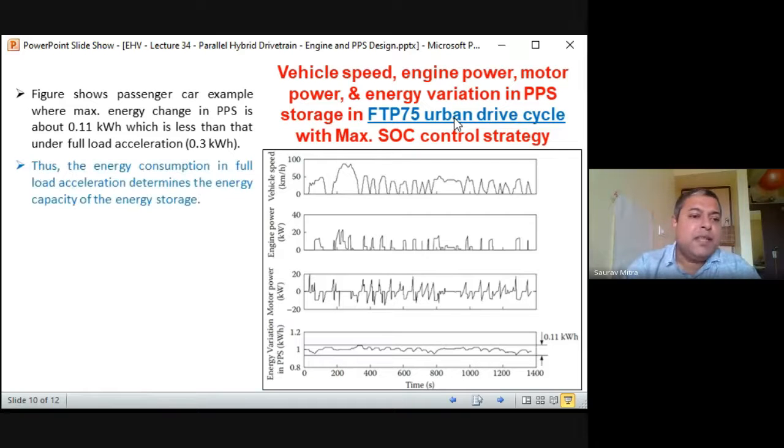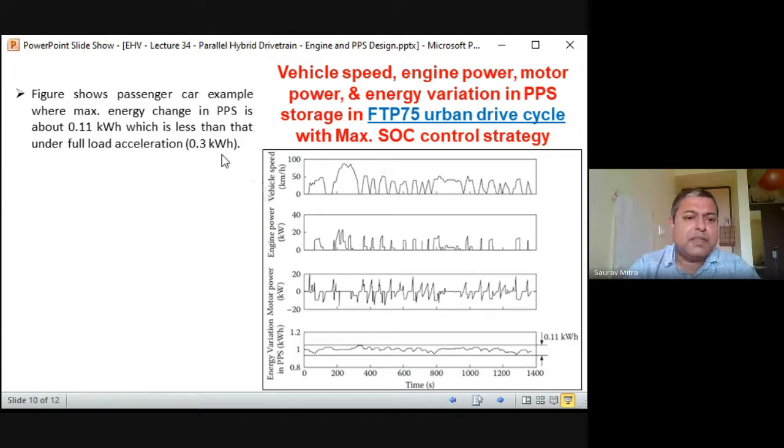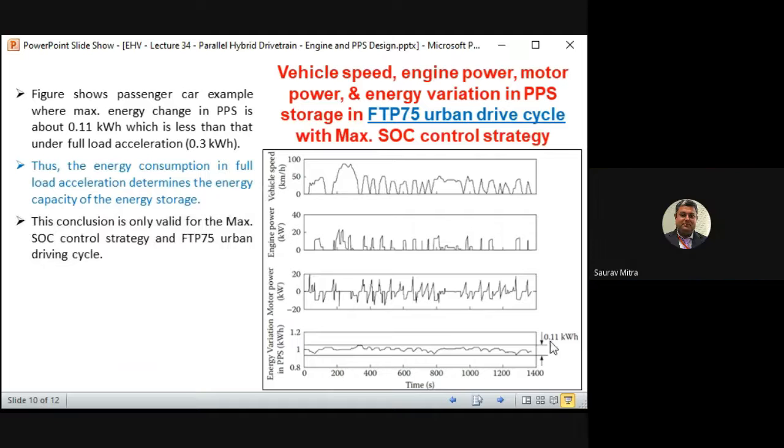That means the same vehicle can be used very well in the city for the FTP75 urban drive cycle. Thus, the energy consumption in full load acceleration determines the energy capacity of the energy storage. That we have seen from the previous graph, that is, full capacity is 0.3 kilowatt hour, and urban driving requires 0.11 kilowatt hour maximum. So this is okay, we can supply the same vehicle for the urban drive.